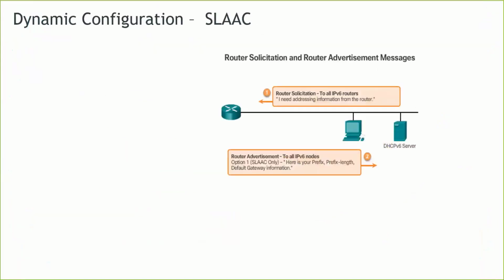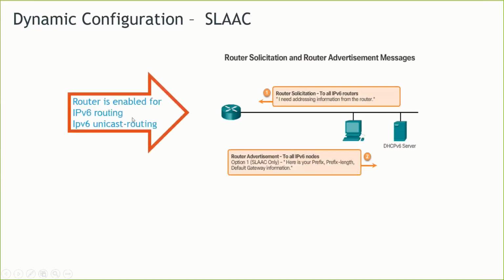So let's talk about, again, right now we're only talking about SLAAC, right? SLAAC is when the router does all of the work. It does all the work, okay? And you can see here there's a DHCP server on this network, but let's find out what happens even if there's a DHCP server on the network if I'm running SLAAC. So the first thing I need to do is enable my router for IPv6, right?